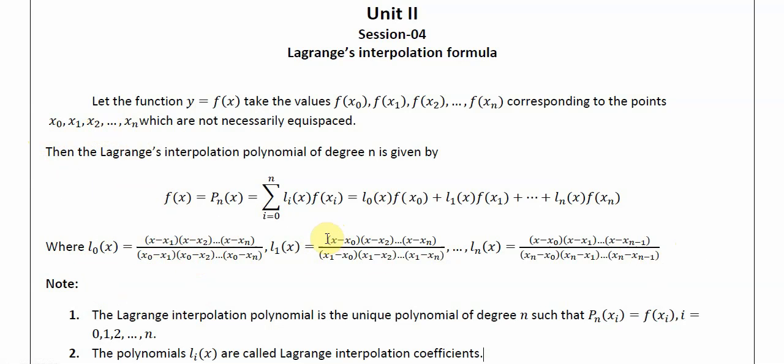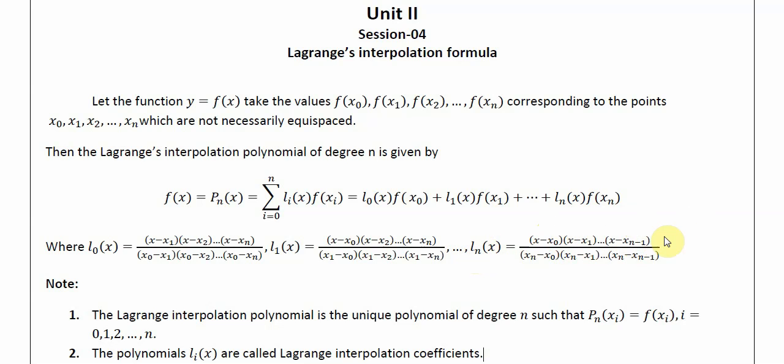And when you come to L1 of x, the entire product is written, but x minus x1 is not in it. For Ln of x, x minus x0 is there, x minus x1 is there, x minus x(n-1) is there, but x minus xn is not there because the point I am taking is xn.